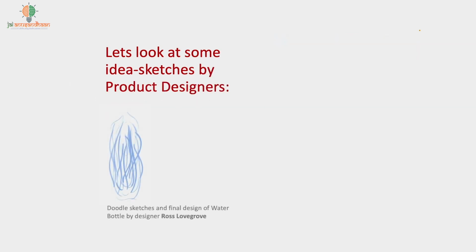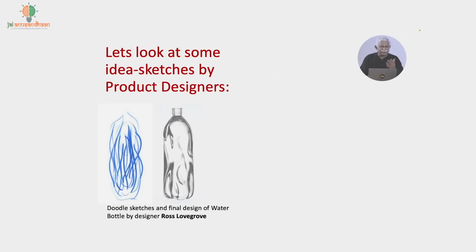So these are by product designers. Ross Lovegrove is a very famous designer, and these are his doodlings for the final design of the water bottle he did, and he's capturing the essence of the expression of water here, and he finally was able to reflect it in the final design.